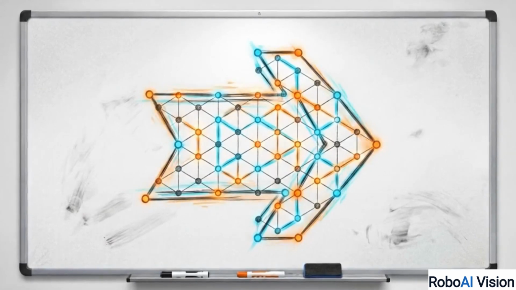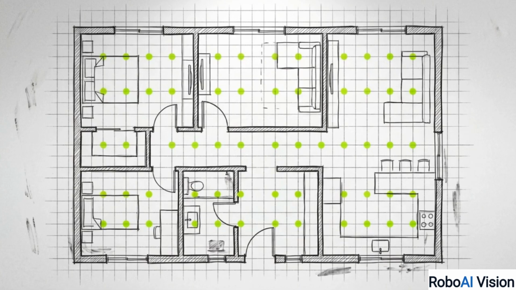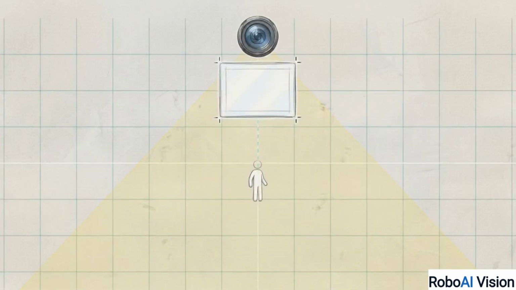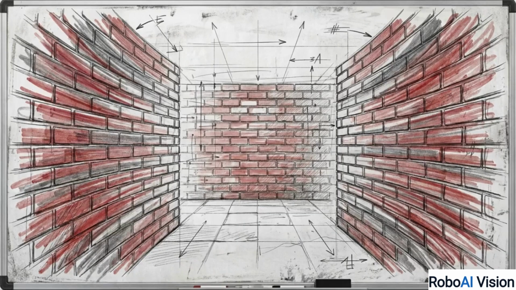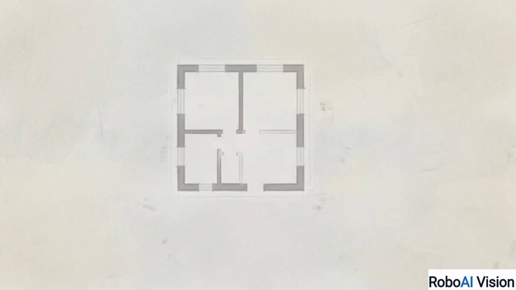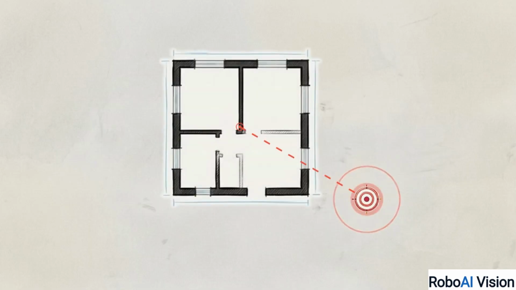Even with a stable grid, we still have to manage mathematical edge cases. For instance, what happens when a person is detected at the extreme fringes of the camera lens? Because of extreme projective distortion near the edges, the matrix can mathematically generate a coordinate that exists far outside the walls of the simulated building.